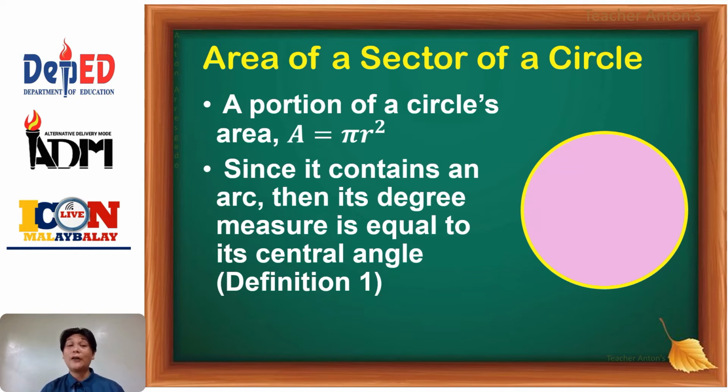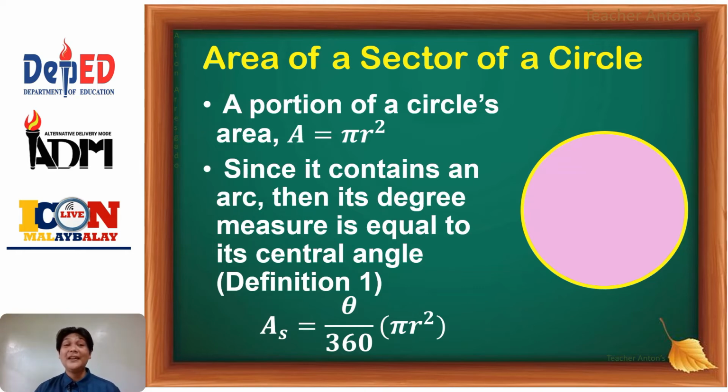The formula for the area of a sector of a circle is given by A sub S, which represents the area of a sector, is equal to theta, the central angle, divided by 360 degrees, because it's a portion of the whole area of the circle, times the area formula, which is pi r squared.